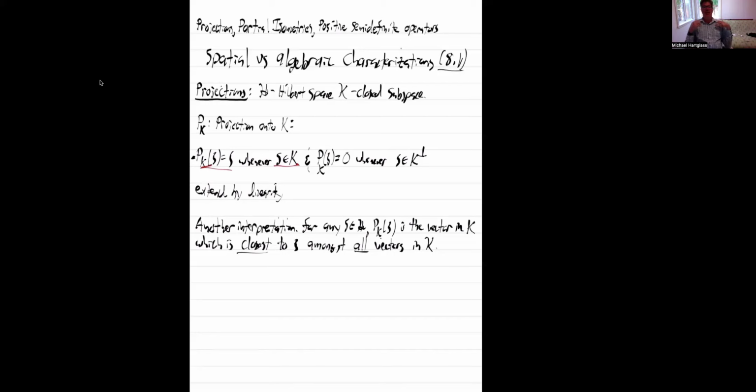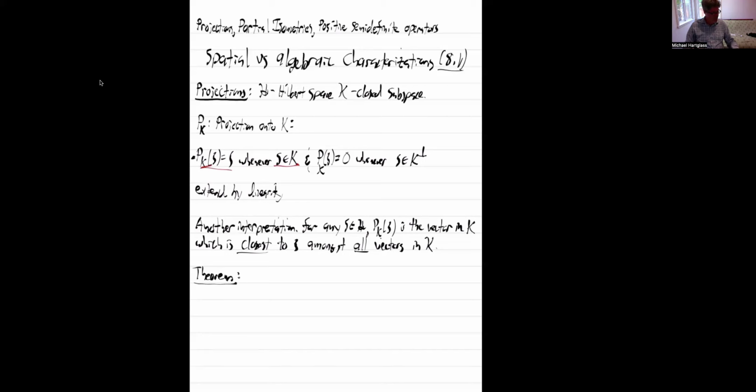But now we want to turn this into a more algebraic characterization. And so we have the following proposition. Actually, this is in the notes. It is a theorem, so I will do my best to copy that correctly.